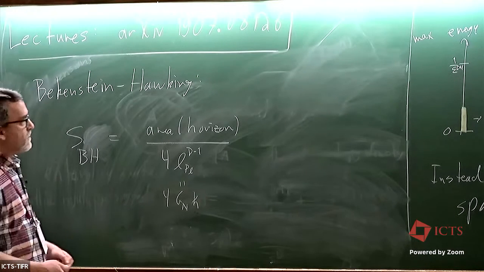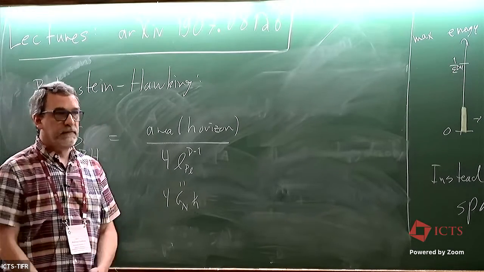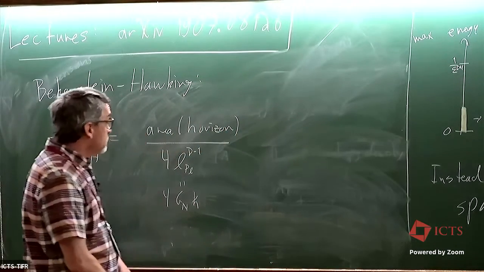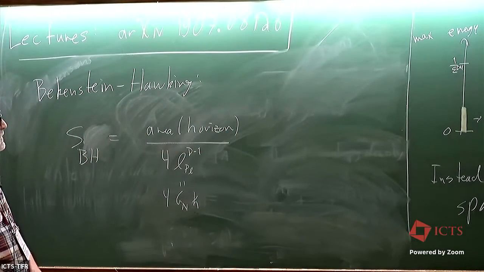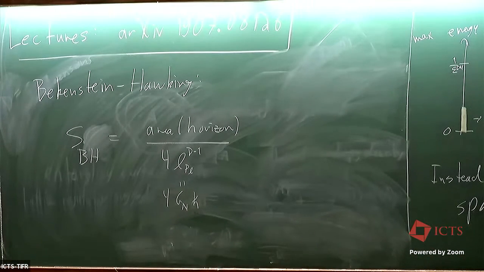So then people said, well, let's think more about quantum fields in the background of this black hole. And they discovered this area law. And they said, whoa, that looks a lot like the Bekenstein-Hawking formula.